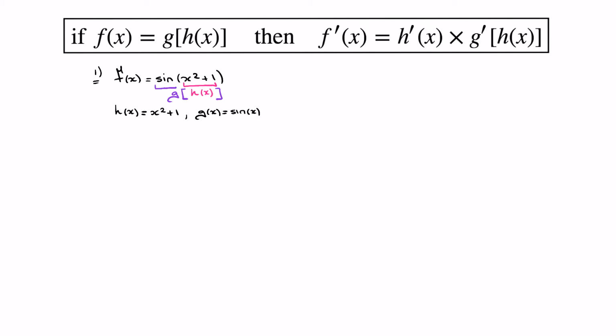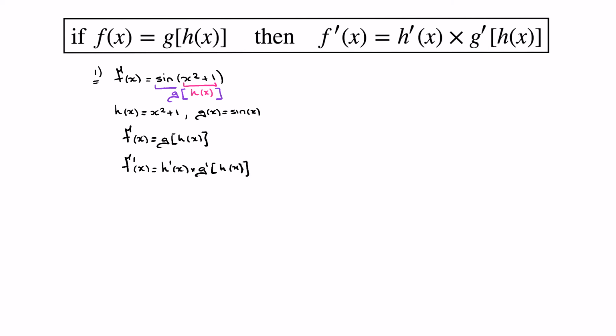Now, we can rewrite our function f of x as g of h of x. So that would be f of x equals g of h of x. And so using the chain rule, we can now state that its derivative, f dash of x, must equal h dash of x times g dash of h of x.